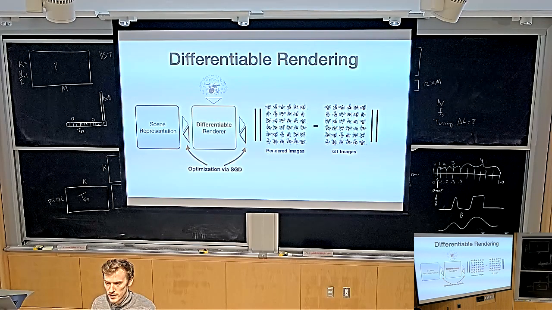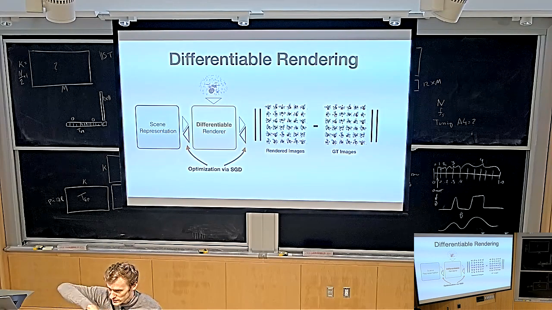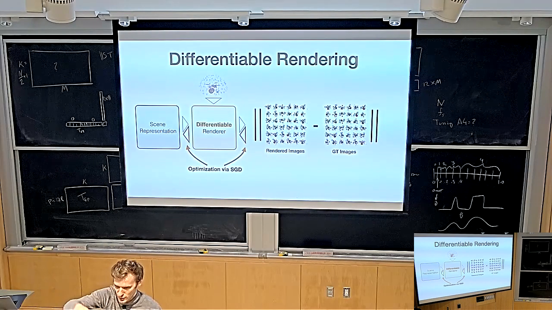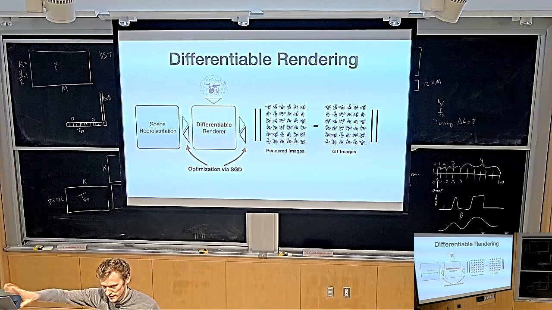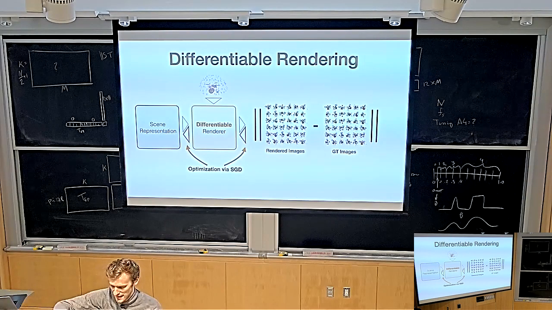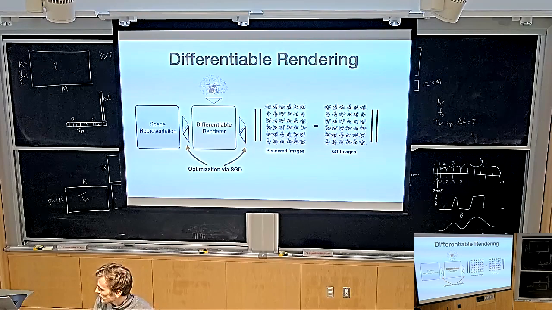Or they were representations that mixed discrete and neural representations, which we also talked about, right? We hopefully remember we had a voxel grid, for instance. We can store features in the voxel grid, take a point, interpolate the features, and stick that into a neural network. So these hybrid representations. That is the only differentiable rendering that actually worked 1 year ago.